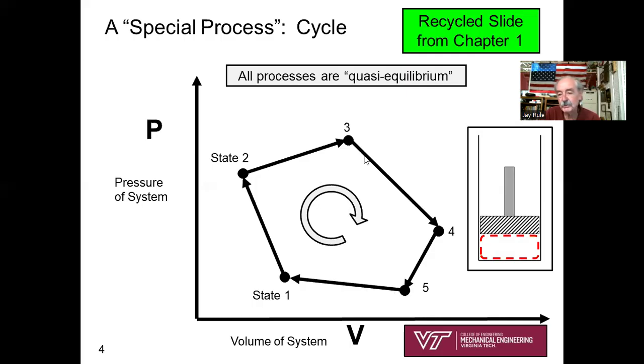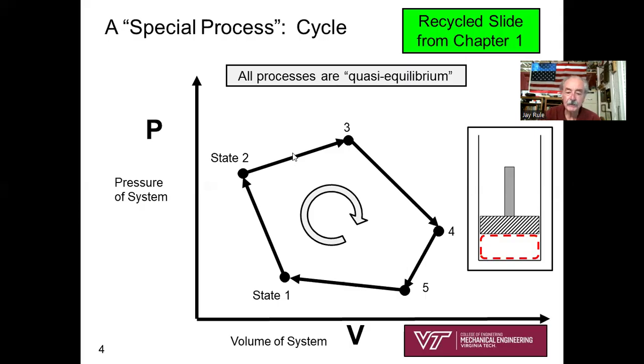I'm just showing them as straight lines due to laziness, but you could make these little curved lines in any way you wish. But recognize that each process needs to be described by an analytical expression or a function. That's the nature of what quasi-equilibrium means.